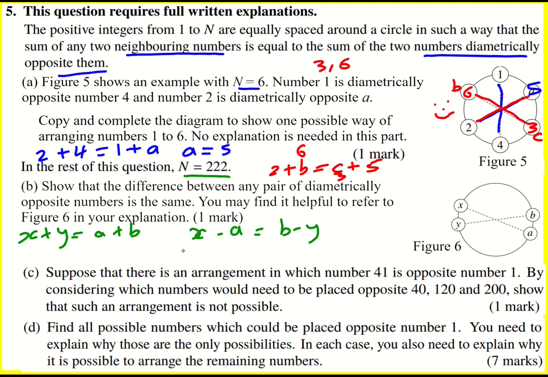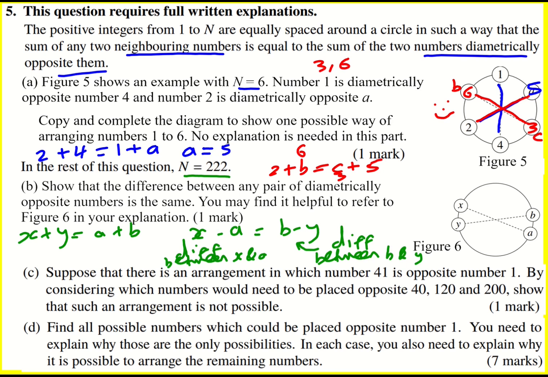And these are the differences. So this is the difference between x and a. And this one here is the difference between b and y. I've assumed that b is greater than y and x is greater than a.